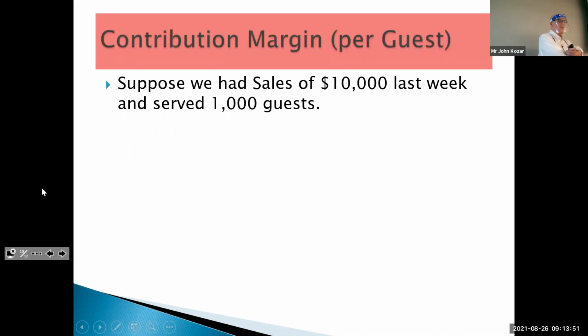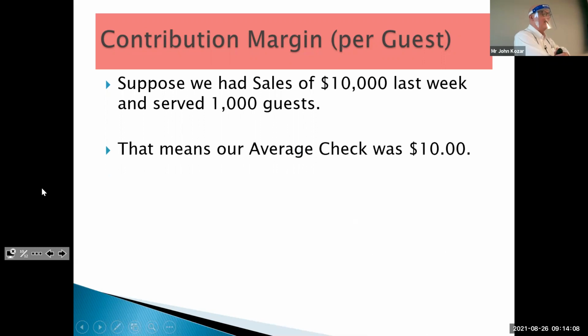Okay, so how do we figure out contribution margin per guest? Suppose we had sales of $10,000 last week and we served 1,000 guests. That means our average check was $10. Okay, we just take the $10,000 divided by 1,000 guests.